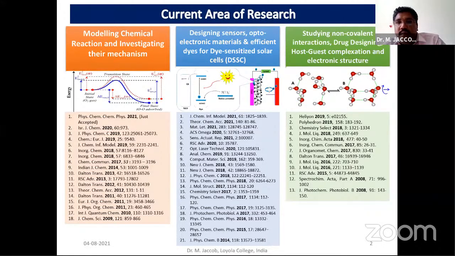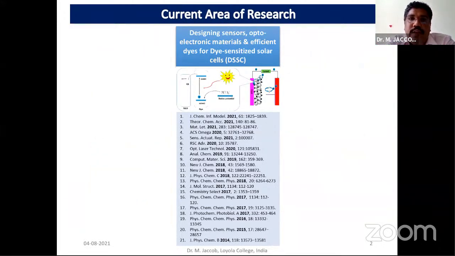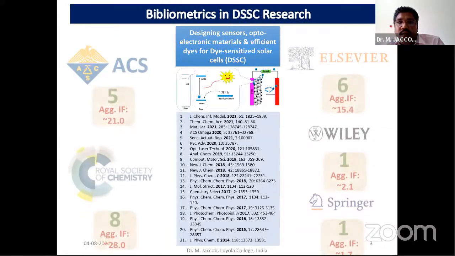In addition to that, right from 2013, I have collaborated with a friend who is actively working in designing sensors, optoelectronic materials, and efficient dyes for dye-sensitized solar cells. So I started my research collaborating with an experimental person.